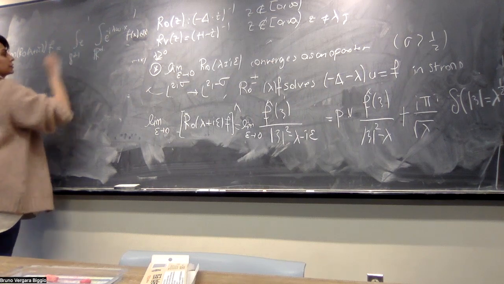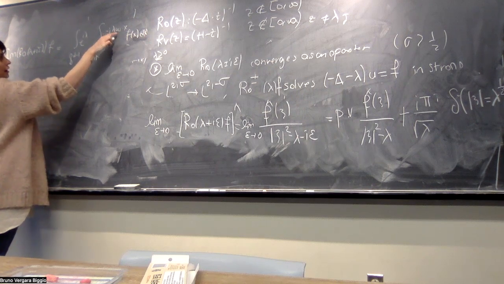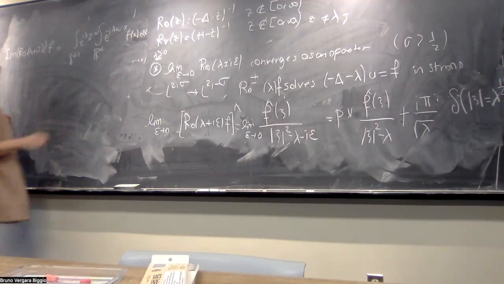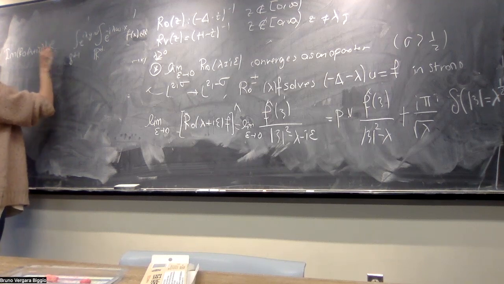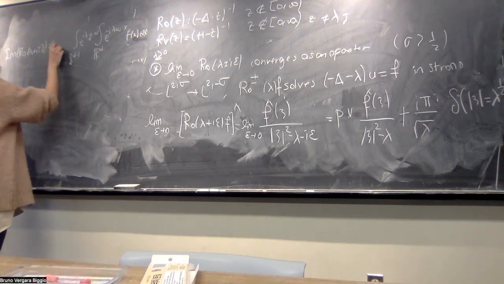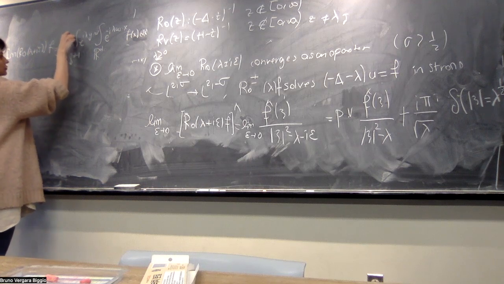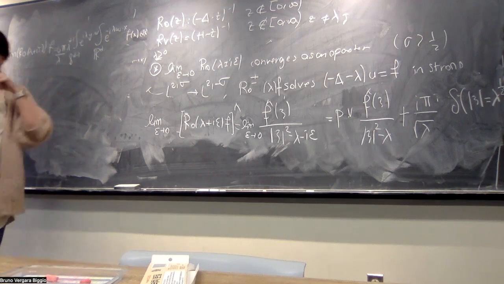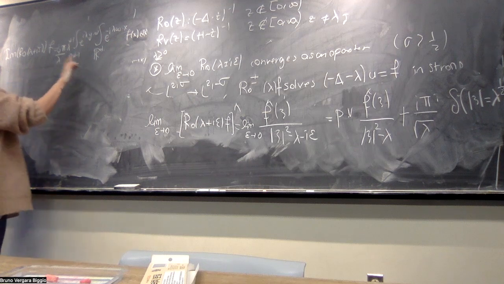So I will have, sorry, this is going to be negative i lambda, I have omega y omega, and what do I have? Pi, some constant, pi over lambda, and here I will have lambda to the d minus 1 because I have f hat, the Fourier transform, at lambda omega.